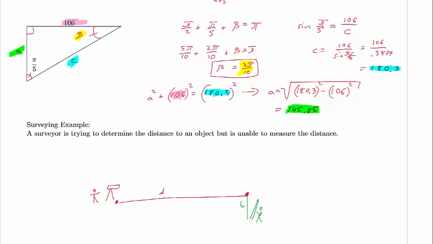And so he'll measure, okay, how far off to the side is that? What angle? Theta. And so what you need to immediately recognize is that this is a right triangle.